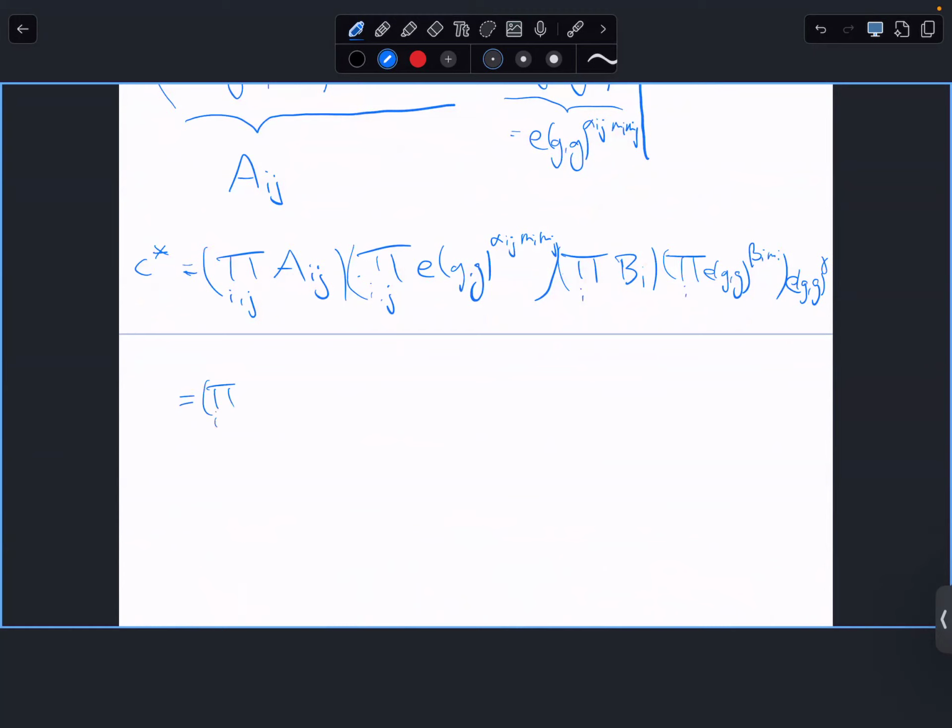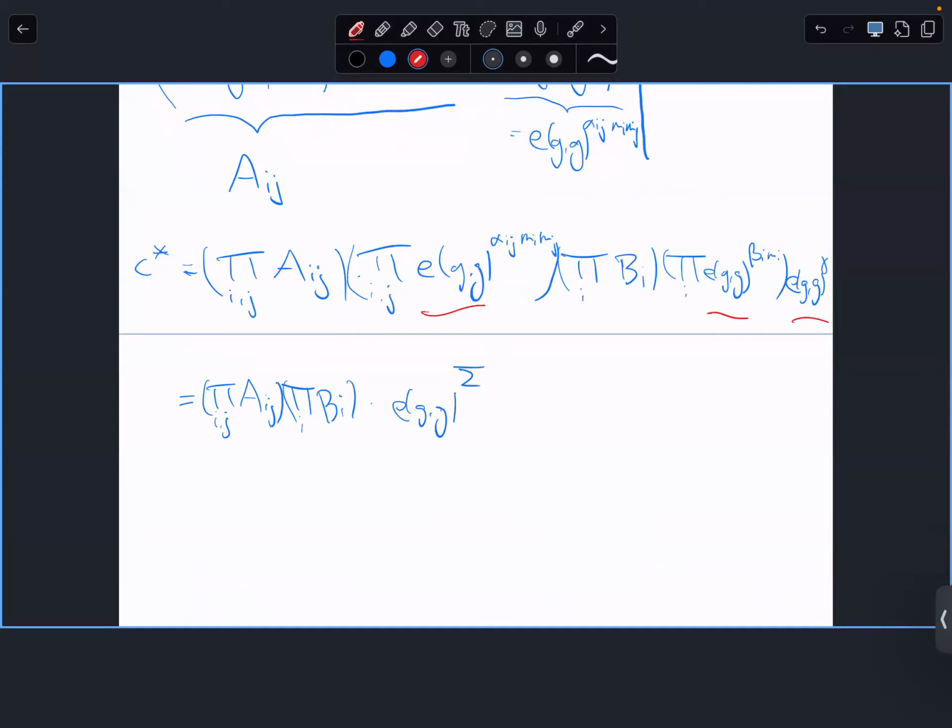So we have here the product over I, J of Aij, the product over I of bi, and now we have E(G, G) to the sum. Right now all these terms here have base E(G, G). So instead of taking a product over group elements, we can just take the generator and raise it to the sum of the corresponding exponents.